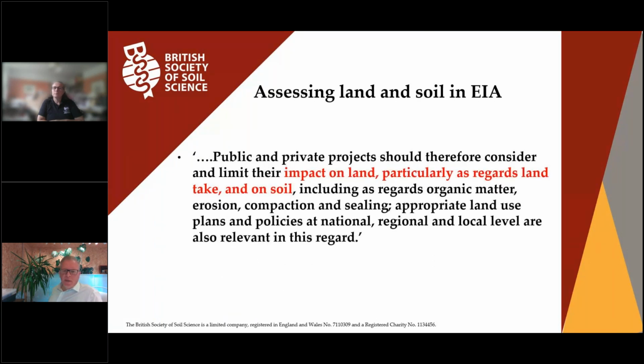So basically, public and private projects should therefore consider and limit their impact on land, particularly as regards to land take and on soil. So you can see that the assessment of land and soil is now enshrined into UK EIA legislation. Next slide, please.